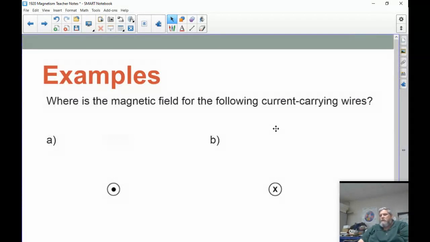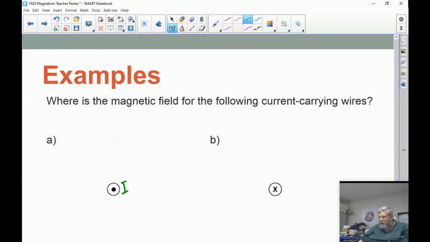All right, so basically there is the magnetic field for these current carrying wires. In this particular case, the current here, this is our I, right? This is our current, and circle with a dot means it's coming out of the page.